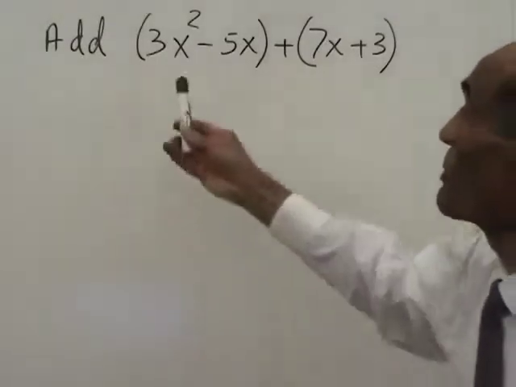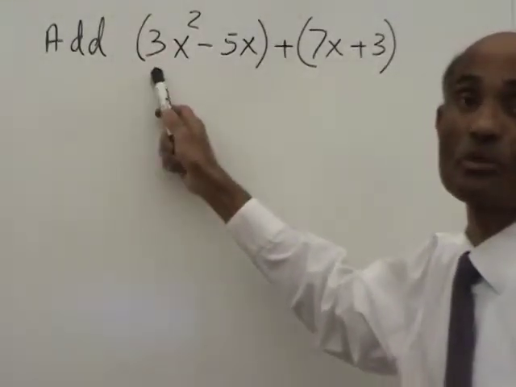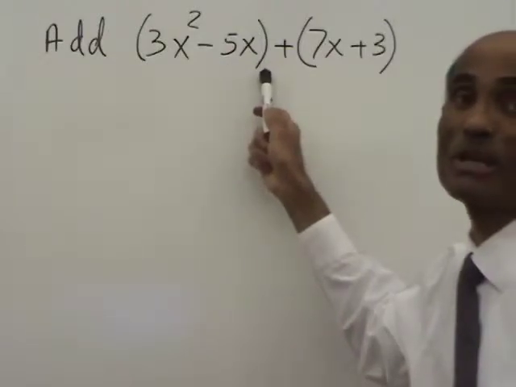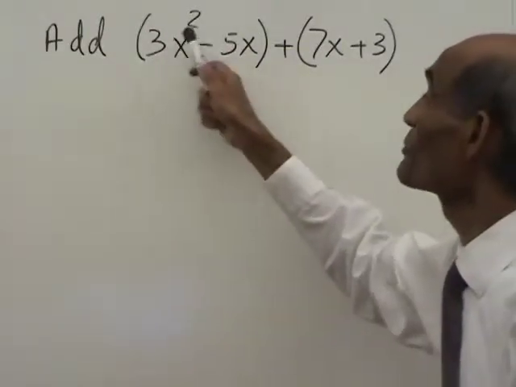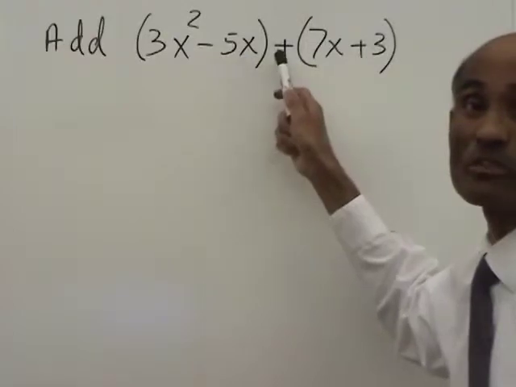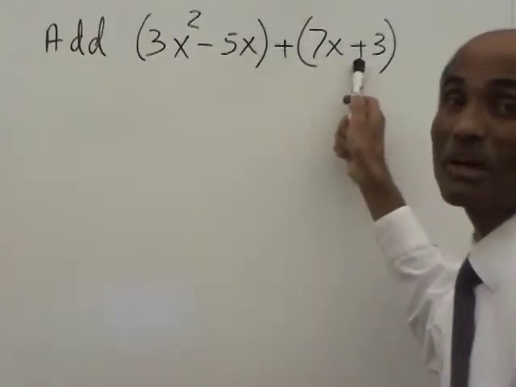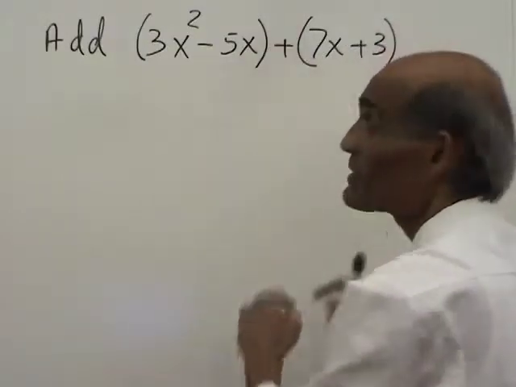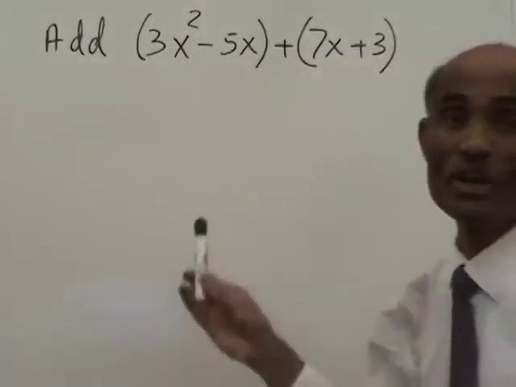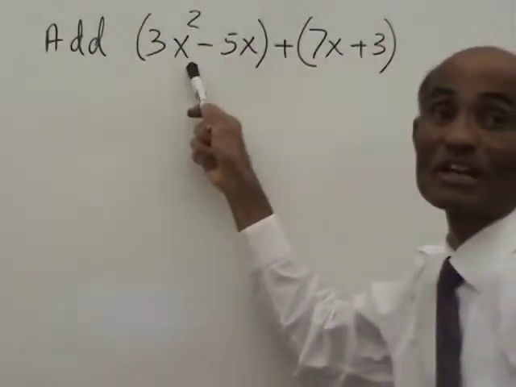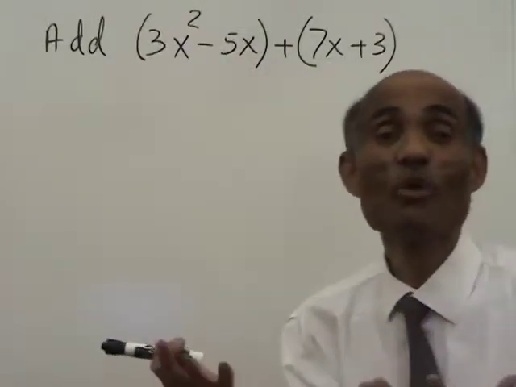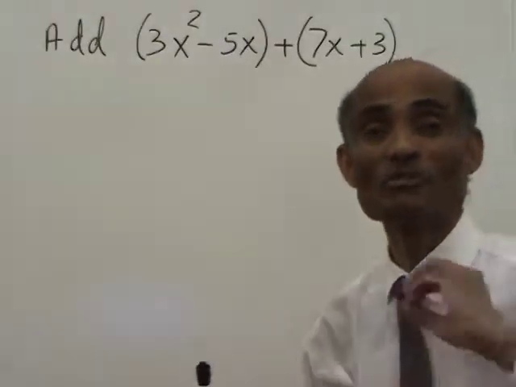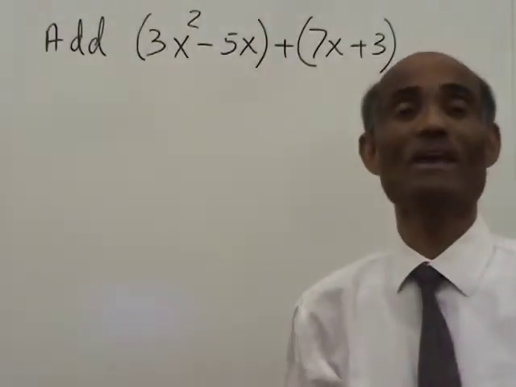Alright, in the next problem we add 3x squared minus 5x plus 3 and 7x plus 3. You got an expression added to another expression. When you add expressions, there is no need for parentheses. So you can simply throw those parentheses away.